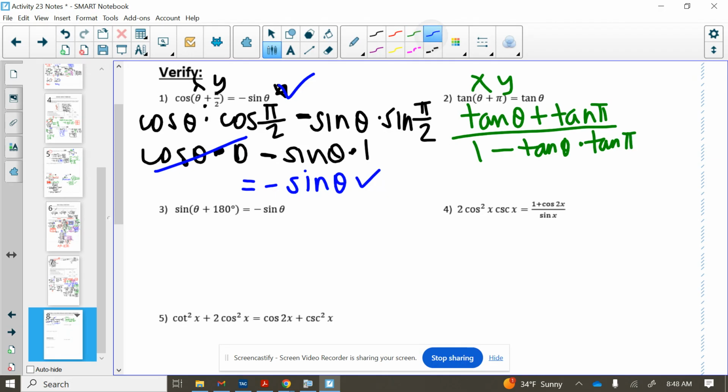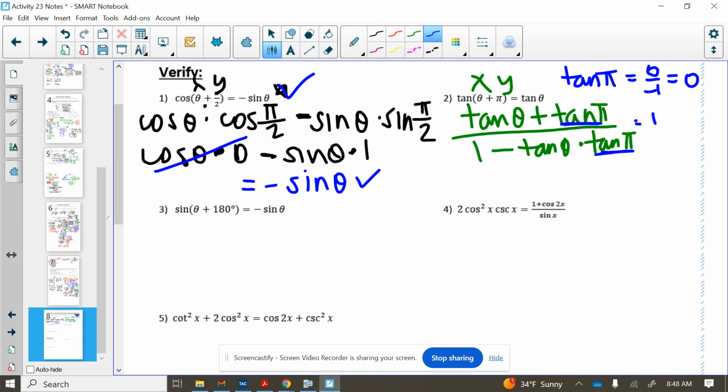Now, the tangent of pi is actually going to be 0, because think about at pi, we are at negative 1 comma 0. 0 divided by negative 1 is 0. So anywhere we see tangent of pi, we need to plug in a 0.